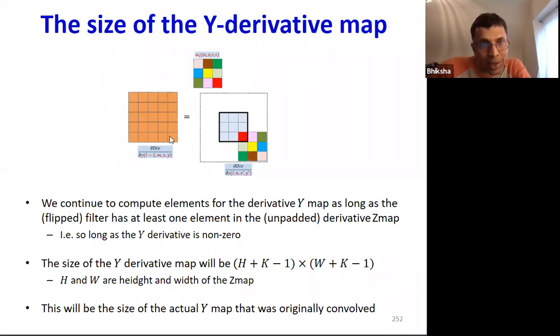Look at it this way: because the filter would be positioned here, this element influences this position in the Z-map, and therefore this position in the Z-map can be used to compute the derivative out here, which is this location of the padded structure. So you're recovering the k-1 rows and columns that you lost. You lost them going forward, you're getting them back going back. Does that make sense?